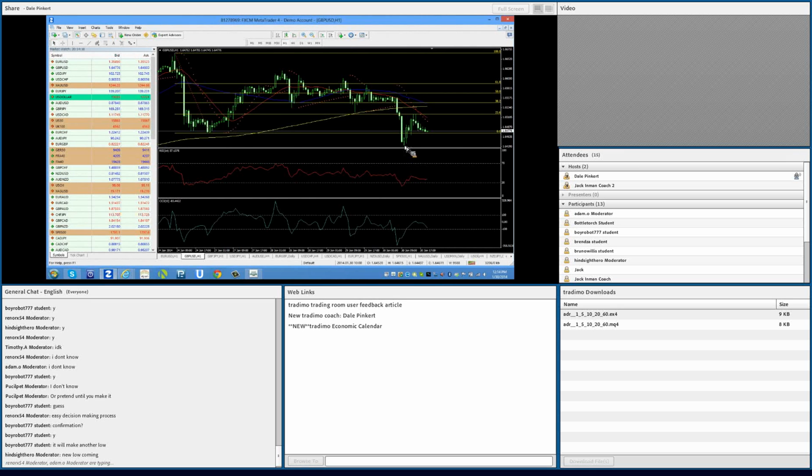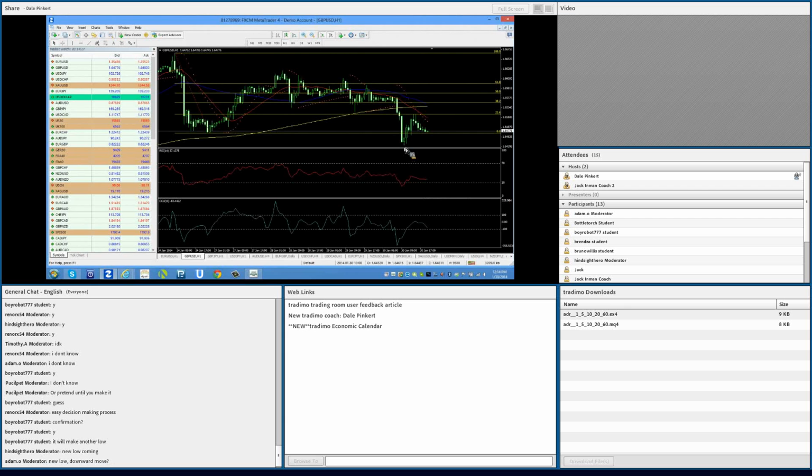That may or may not confirm. You know, we could still get A, B, C before we make a new low, but I hardly believe that this is going to be the low in the move. So there'll be a new low, Adam. You don't know at this time whether it will confirm or not.